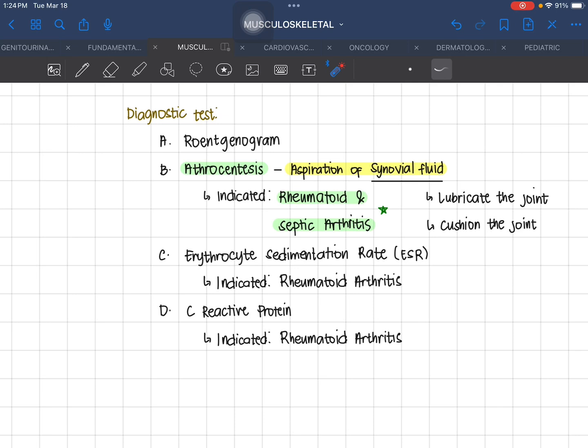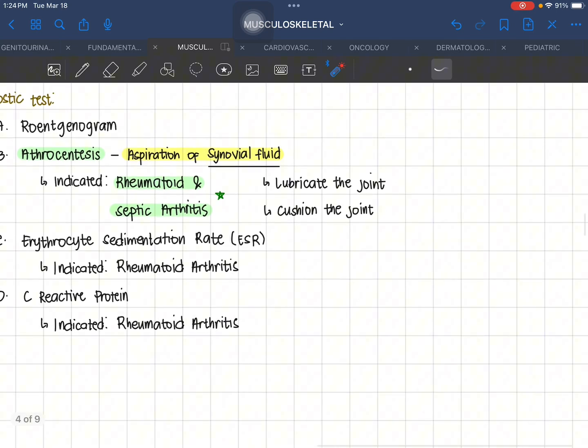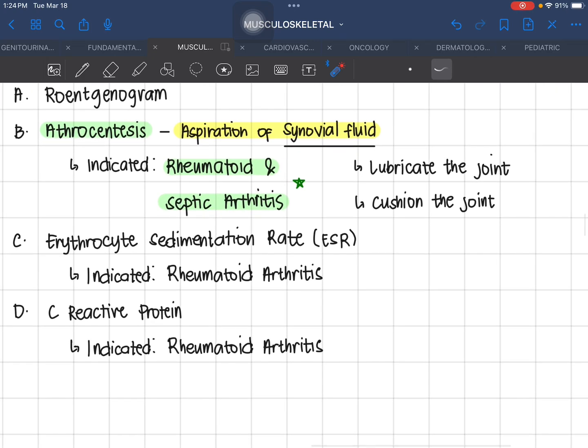Ang synovial fluid, ang ginagamit ng body natin to lubricate the joint and to cushion the joint. So, i-aspirate yung synovial fluid para ma-detect if ang patient ay may rheumatoid o septic arthritis. Again, indicated si arthrocentesis para ma-verify if the patient has rheumatoid or septic arthritis.